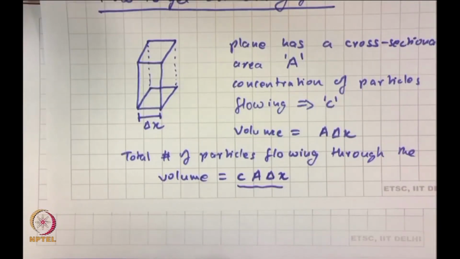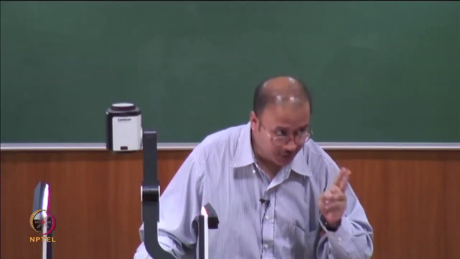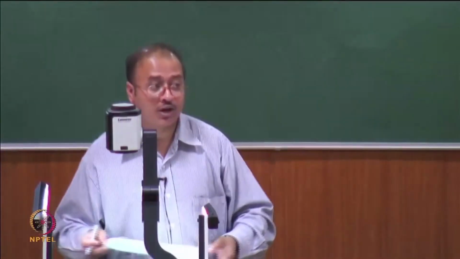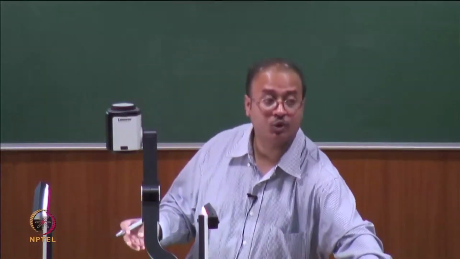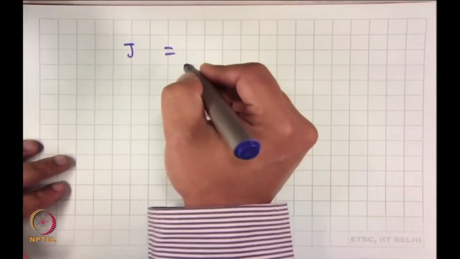See, how did we define J? J was defined as the amount of material which is passing through per unit area per unit time. If that is the definition, and that is what we have to stick to, then for J, what is the numerator?